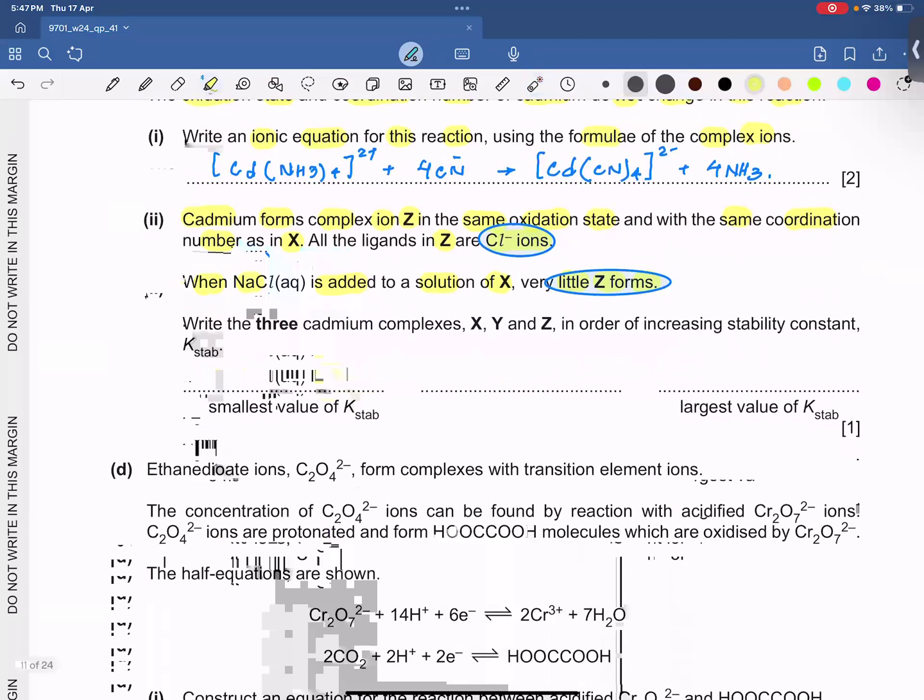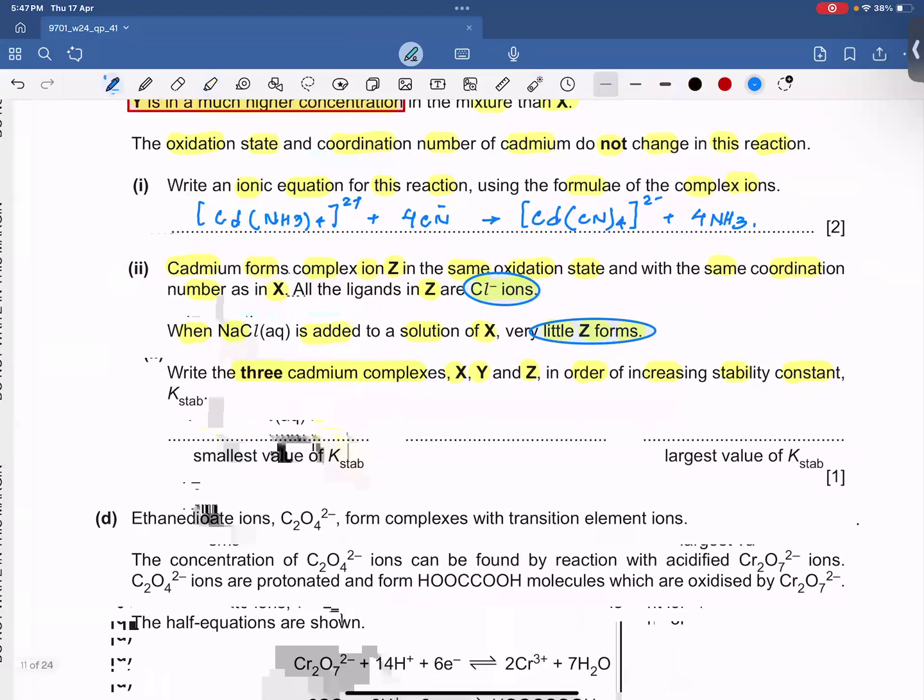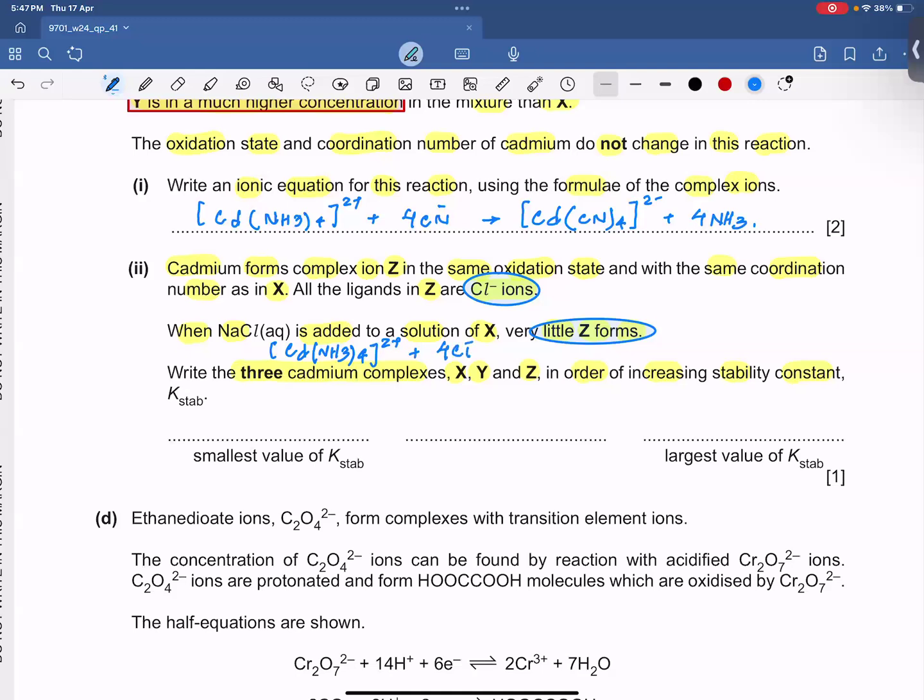So write the 3 cadmium complexes X, Y, and Z in order of increasing stability constant. When we react cadmium with chloride ions, a ligand substitution reaction takes place, and as a result CdCl4 2 minus is formed.